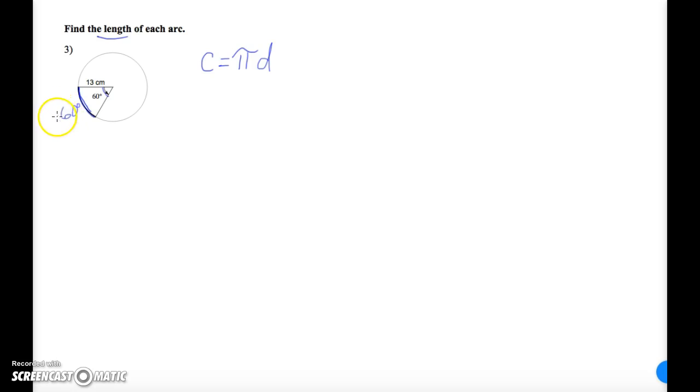And then we can figure out how long this is, because we can figure out what fraction 60 degrees is of 360, which is an entire circle. So if we have 60 degrees over 360, that is 1/6 of the circle.